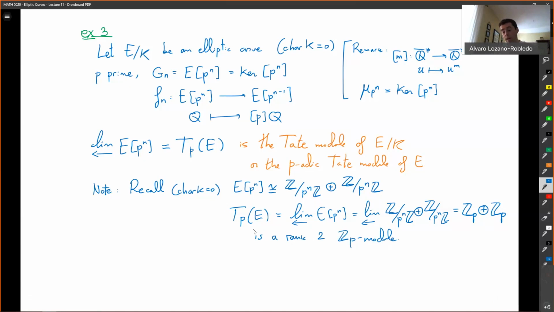Great. The action of Zp on the Tate module is similar to what we saw.